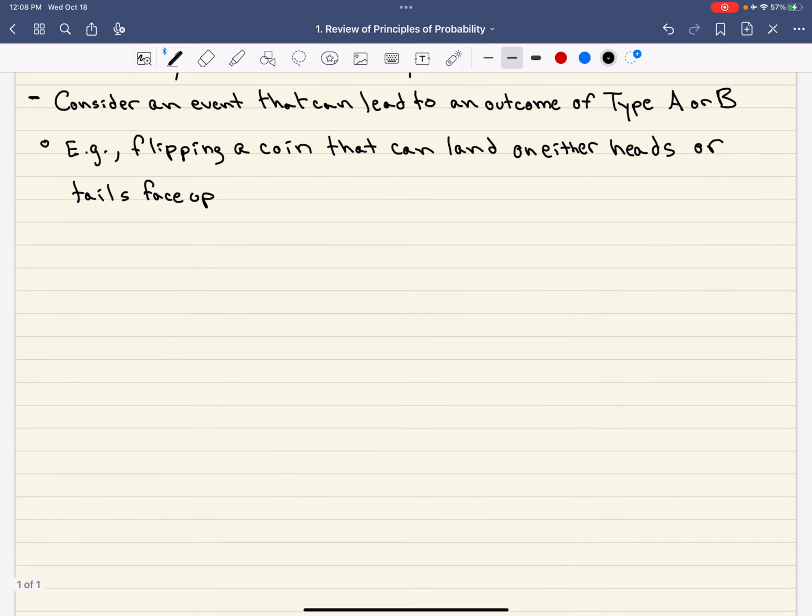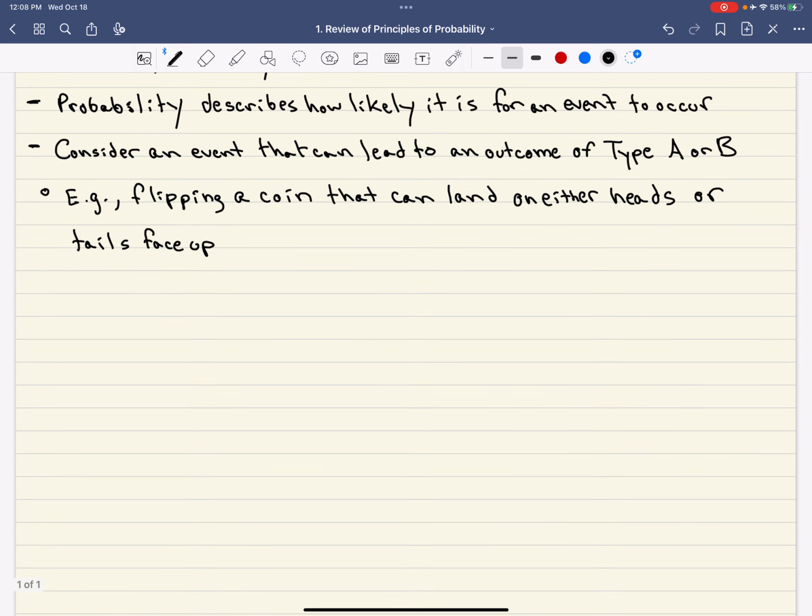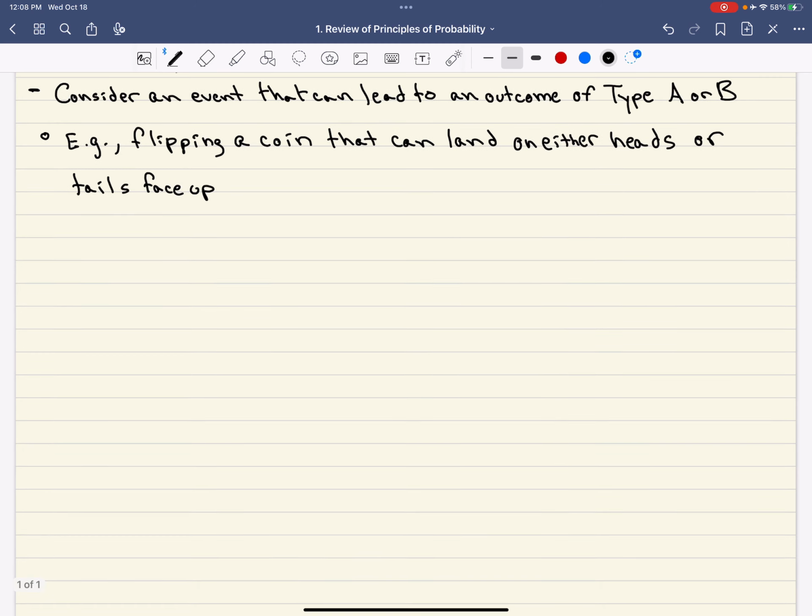Okay? Alright, now to be more formal about describing this sort of scenario, or to generalize it, if we have a scenario where it's not just two outcomes that can occur, but there are n outcomes, right?